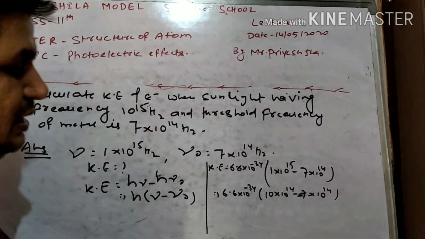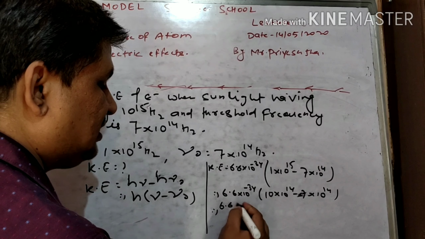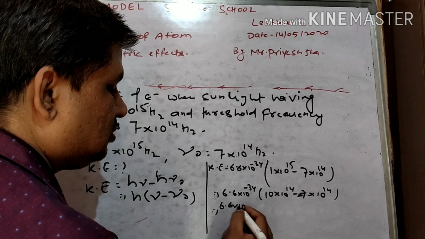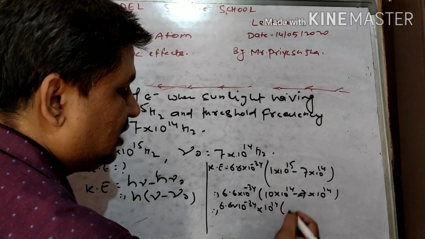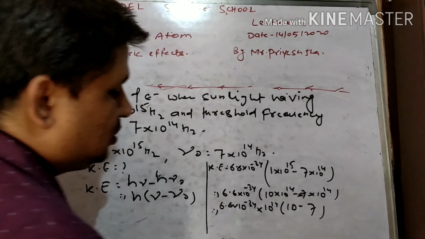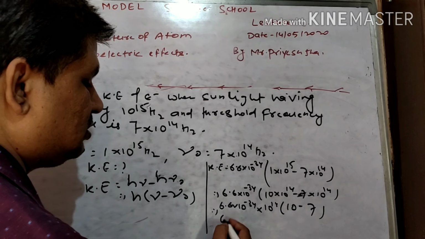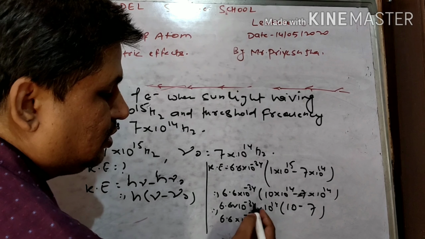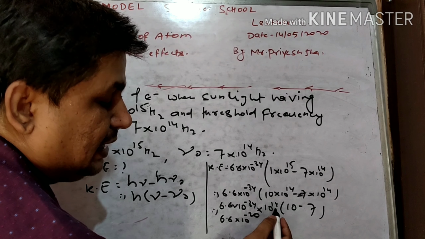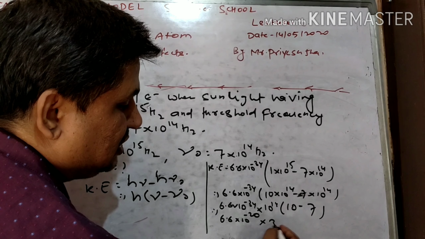So the common in these two is 10 की power 14. So this is 6.6 into 10 की power minus 34 into 10 की power 14, into 10 minus 7. On solving, 6.6 into 10 की power minus 20, because minus 34 and plus 14 becomes minus 20, and 10 minus 7 becomes 3.